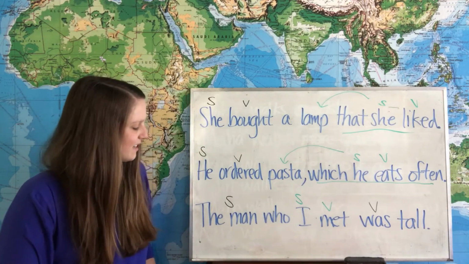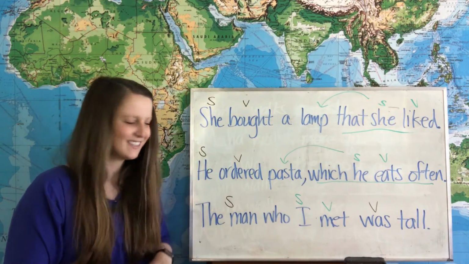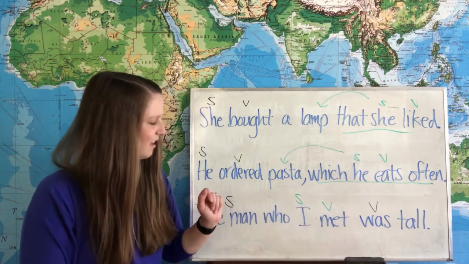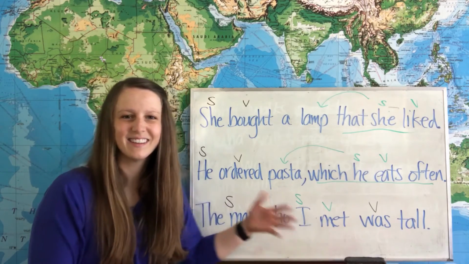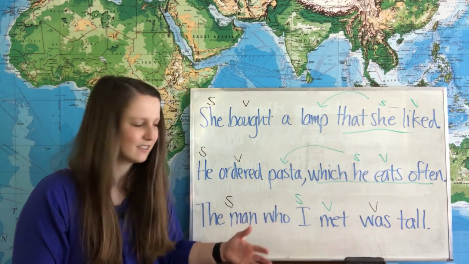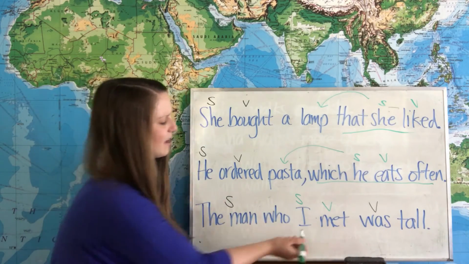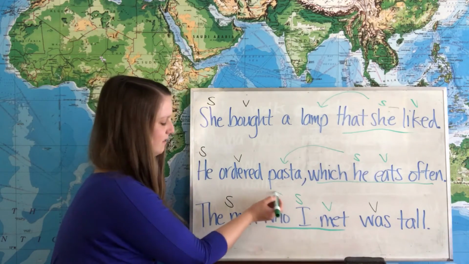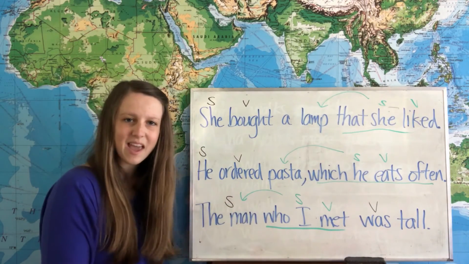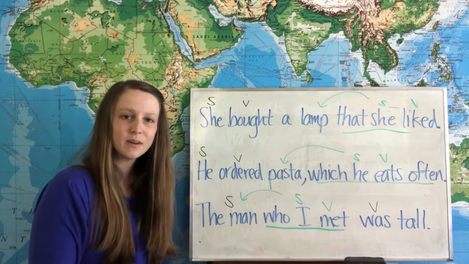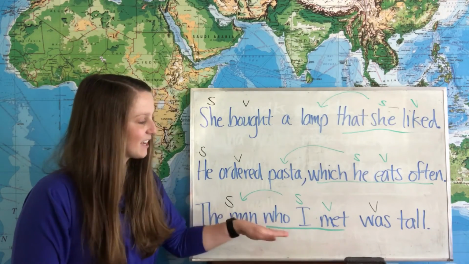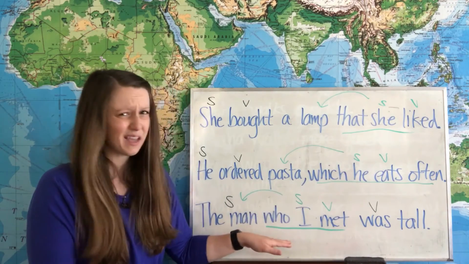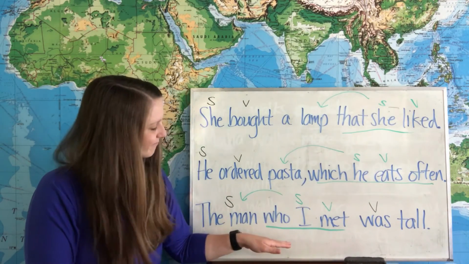So you can see we have two sort of sentences here. The man was tall and who I met. These are our two different clauses. And our adjective clause, who I met, describes the man. So you can see sometimes the adjective clause is at the end of a sentence, and sometimes it's in the middle.